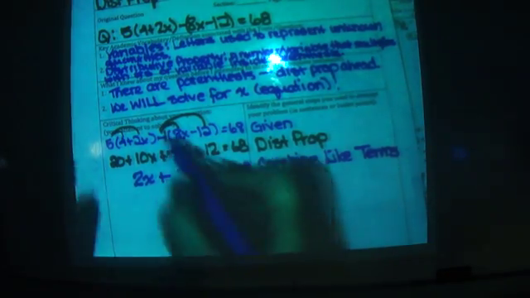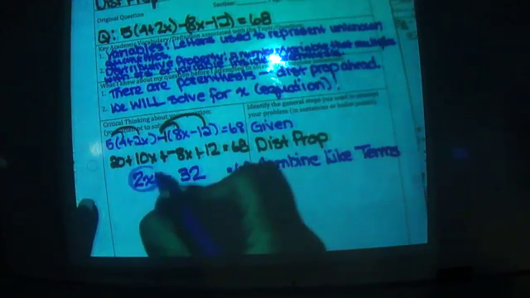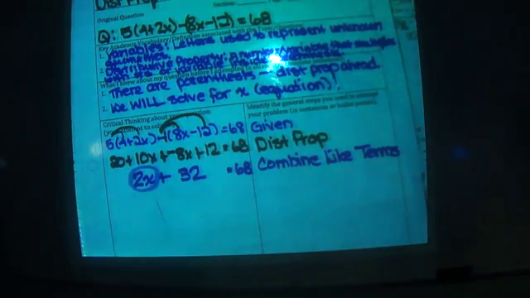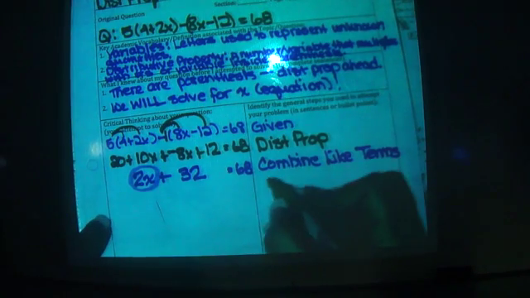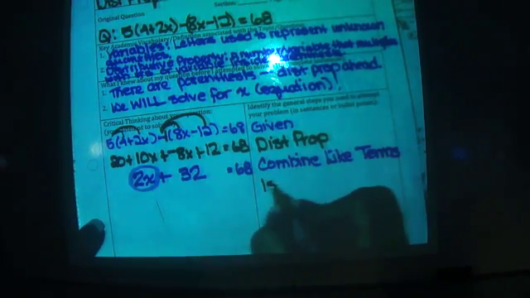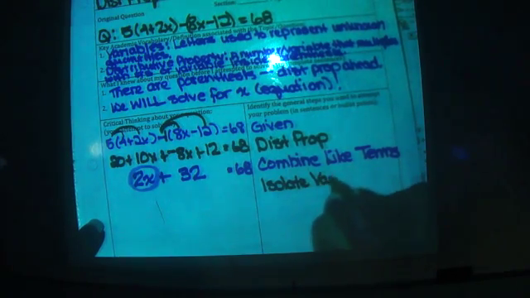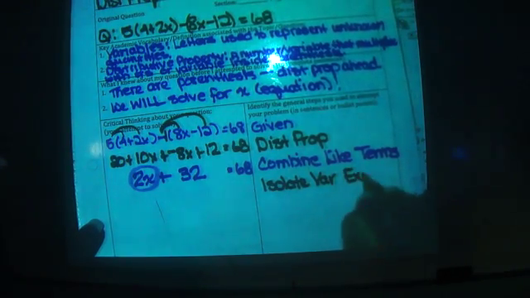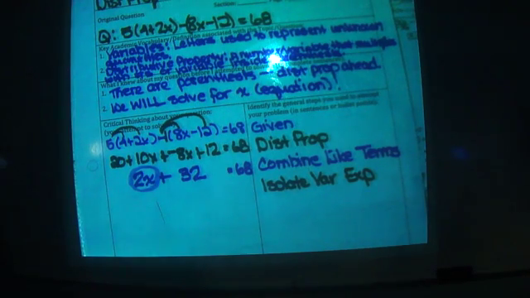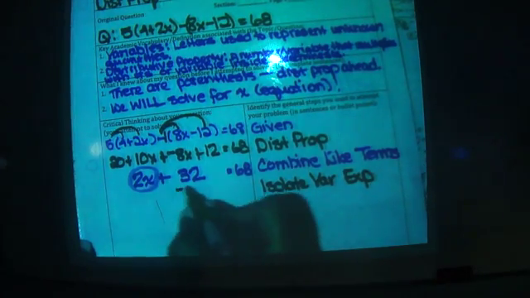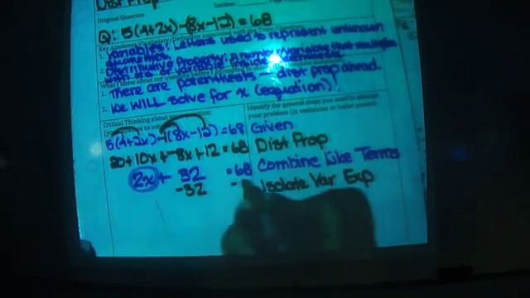Now, what did we do when we got 2x by itself? What did we call that? Isolate the variable expression. Okay, who's 2x hanging out with? 32. Who's its opposite? Negative 32. Let's add negative 32 to both sides.